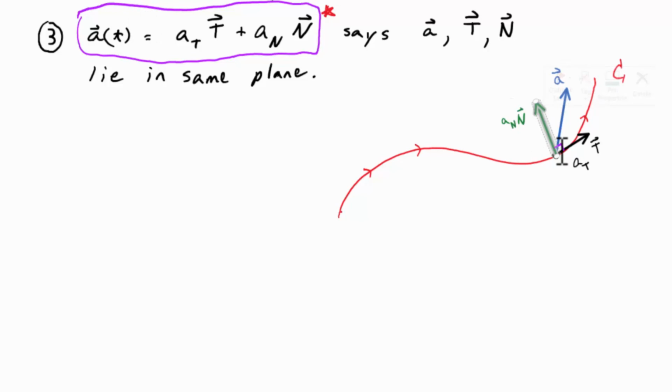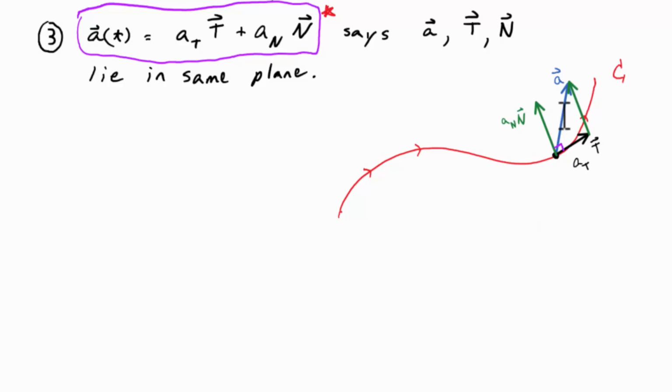Triangle law, let's take a copy of a sub n times N, put its tail on the tip of a sub t times T, and if I weren't just doing this haphazardly, then this acceleration vector would be perfectly on the tip of the vector in green right there by the triangle law, right?